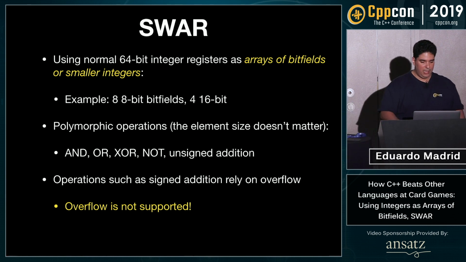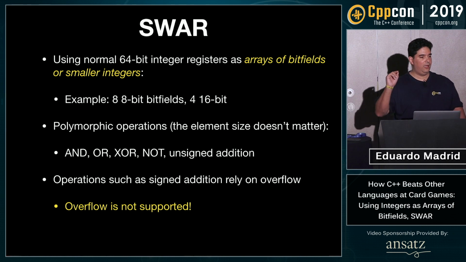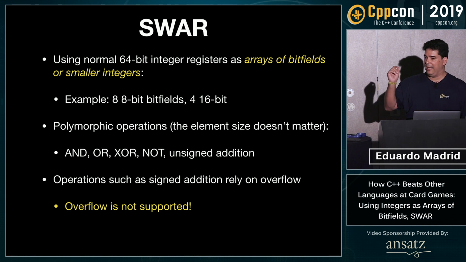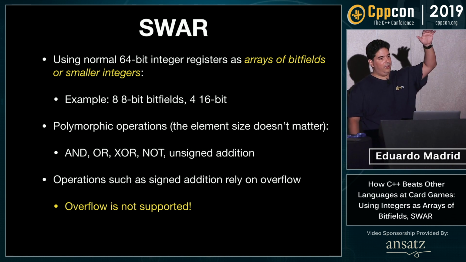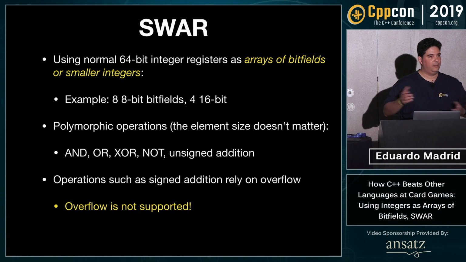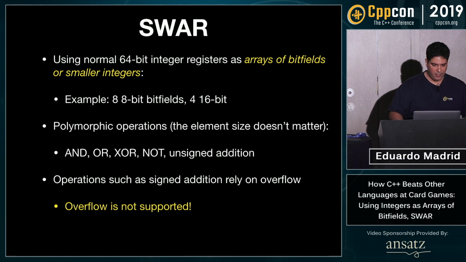Now, I want to introduce one word of jargon, which is polymorphic. Polymorphic in this case means that the element size within the array, with SWAR, does not matter. For example, the bitwise AND operation will do its work, and it will not make any difference, it will not cross element boundaries.